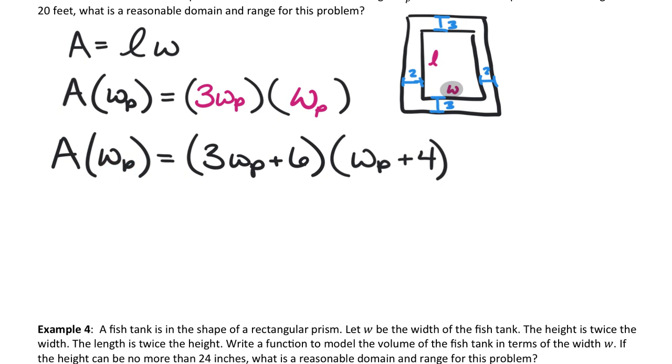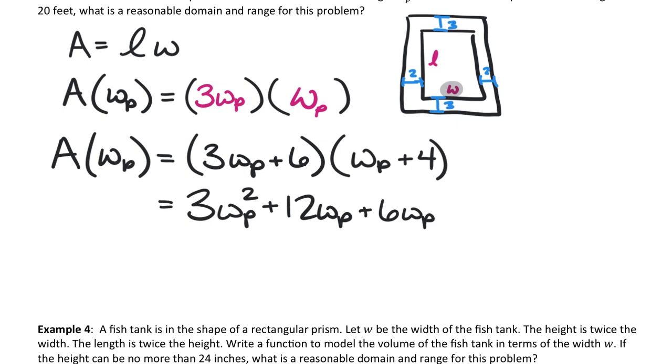If we go ahead and FOIL all of this, we would do 3 WP times WP, which is 3 times the width of the pool squared. And then we have 3 WP times 4, which is 12 times the width of the pool. Then we would have 6 times WP, which is 6 times the width of the pool.